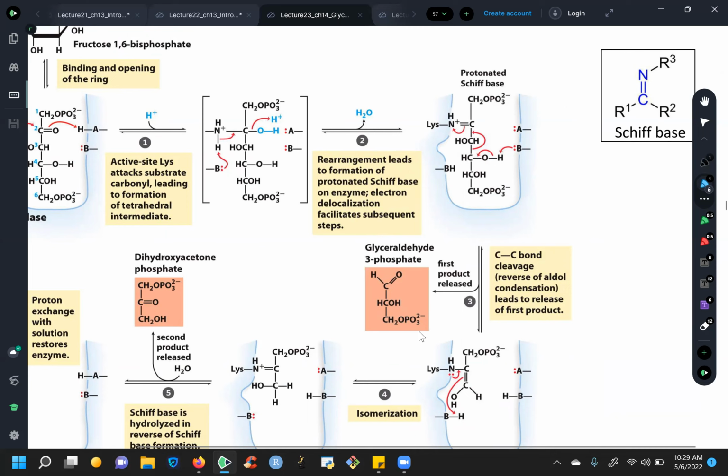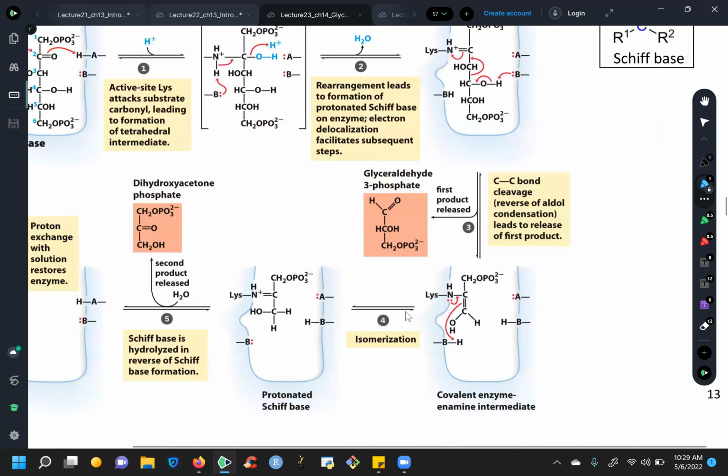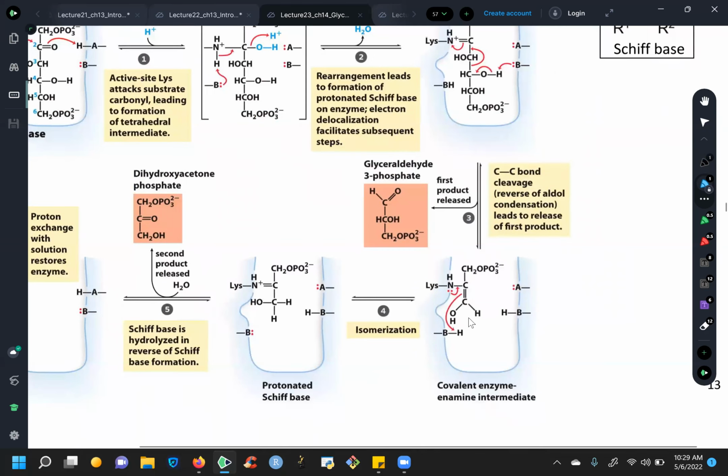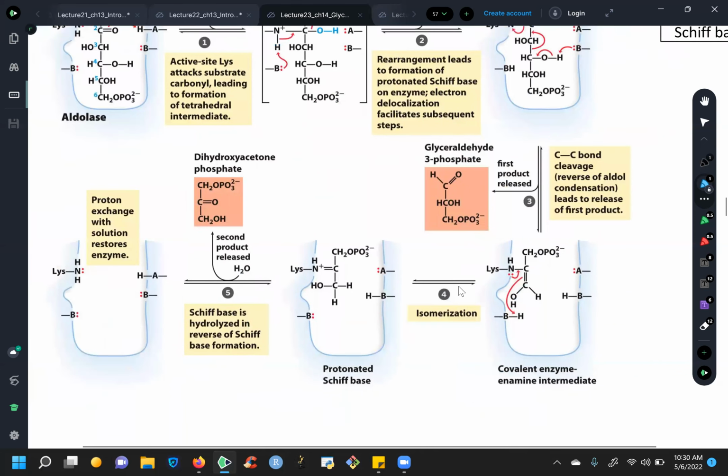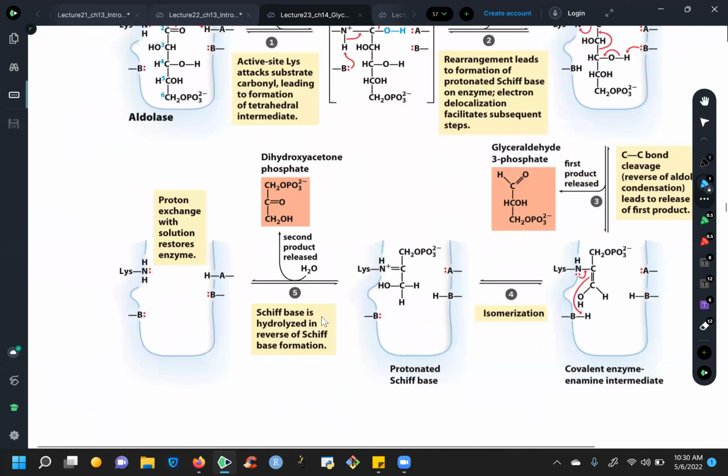And so when it is cleaved, you release the first product, which is glyceraldehyde 3-phosphate, and that's this bottom half right here. So here's carbon 1, carbon 2, carbon 3. So carbon 4, 5, and 6 are released as glyceraldehyde 3-phosphate. And then you have an isomerization reaction. So again, rearrangement. And then for step 5, we have the Schiff base is hydrolyzed. So that's when water comes in to break the bond, the reverse of Schiff base formation.